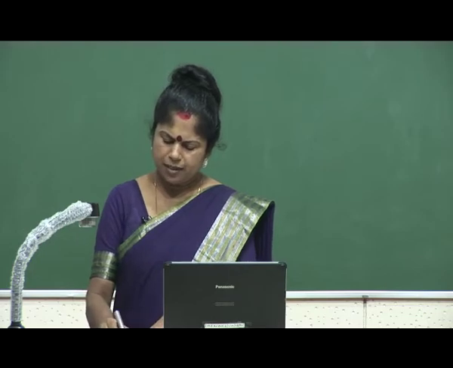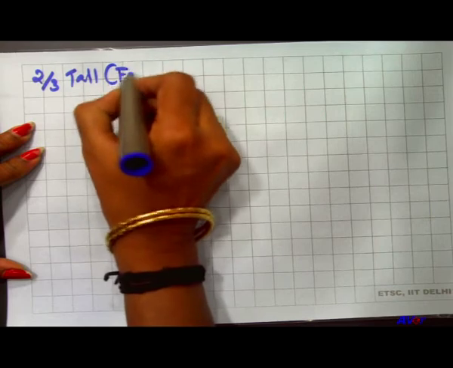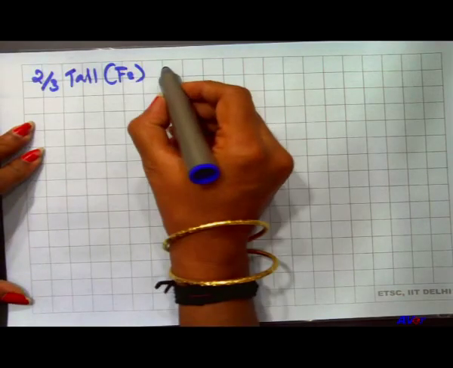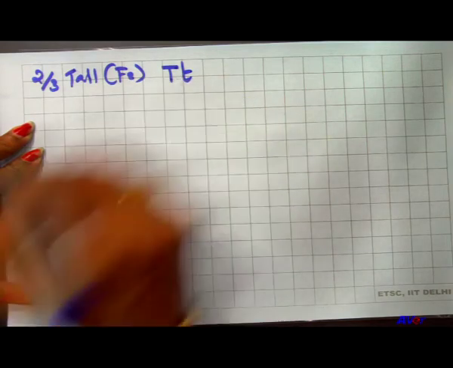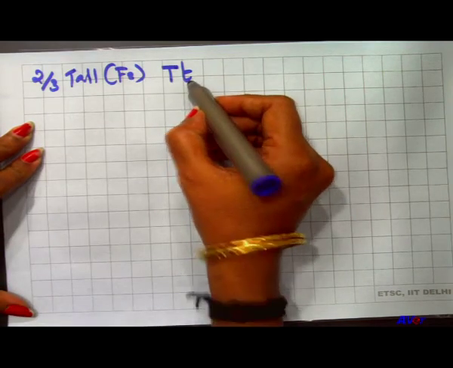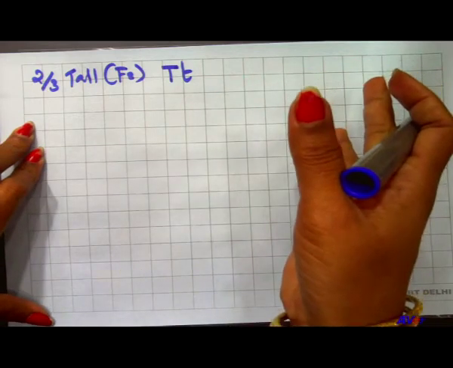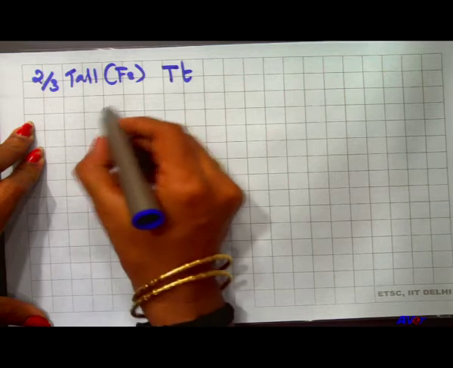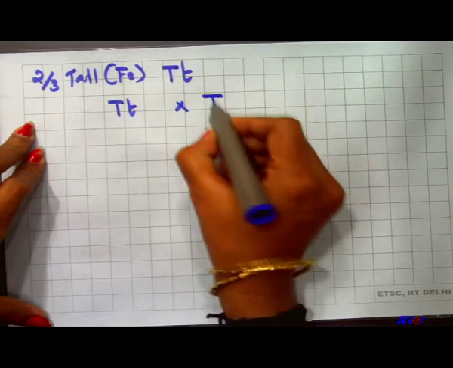Now 2 by 3 tall progenies of the F2 generation with the genotype capital T small t. If we are selfing this particular individual, it is equivalent to the selfing of the F1 tall hybrids. Even though I will show you capital T small t into capital T small t.